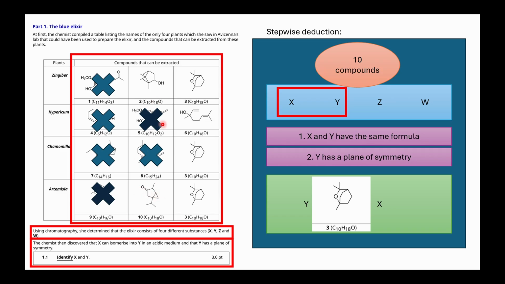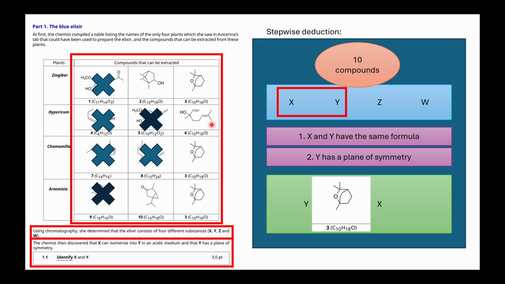So it's more logical to start by thinking about how compound 6, which has many pi bonds and also the lone pair on the oxygen, might isomerize into compound 3, because that's an easier starting point.